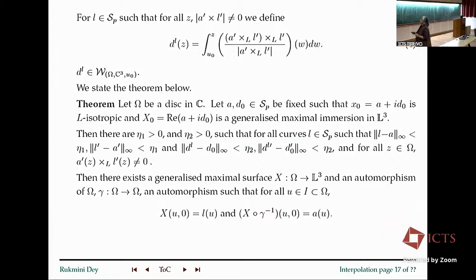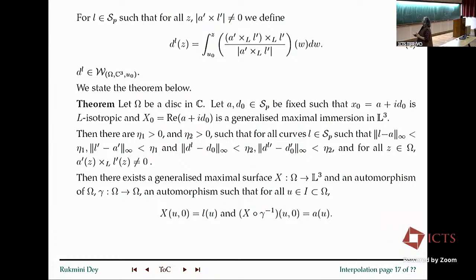And D_L must be in the neighborhood of D0, so this is also less than eta 2. And D_L prime is also in the neighborhood of D0 prime. So you can construct this delta T such that there exists a generalized maximal surface. And so L of U is X of U comma 0. Along this line it is L of U, so I have reversed this.